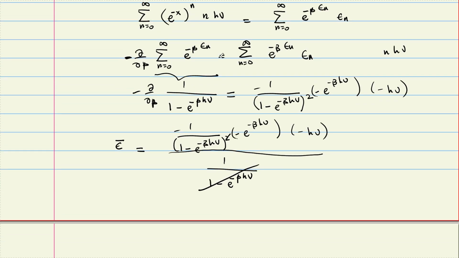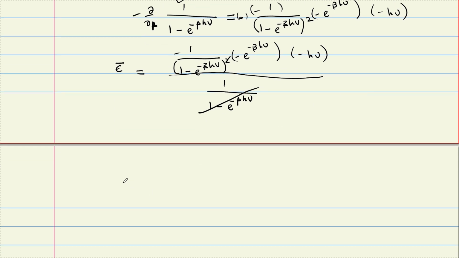Oh, also there is an extra minus that I need to include. So there are in total 1, 2, 3, 4 minuses. And this E bar is going to turn out to be e to the beta h nu divided by 1 minus e to the minus beta h nu, times h nu.